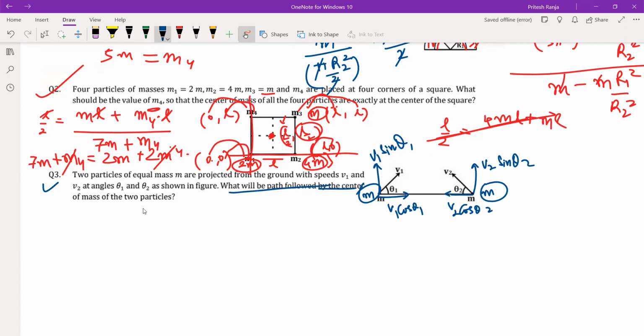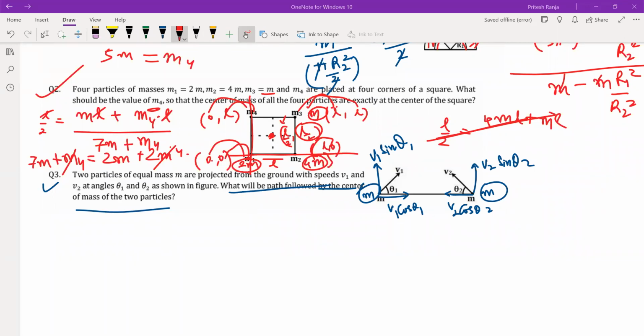So these two particles of equal masses are m. What will be the path followed by the center of mass of the two particles? देखो, what we will consider that both the velocities are projected, and here in the diagram you have the velocities v1 and v2 at the given angles.